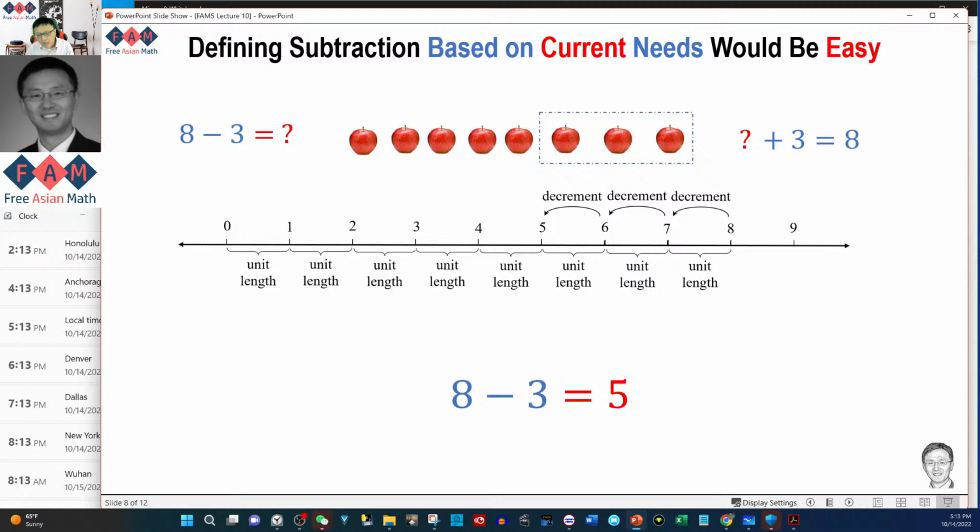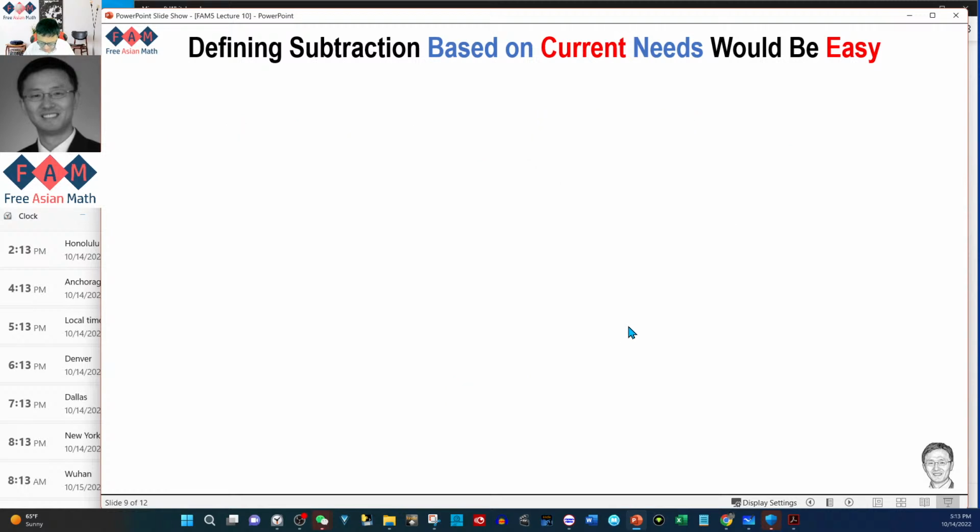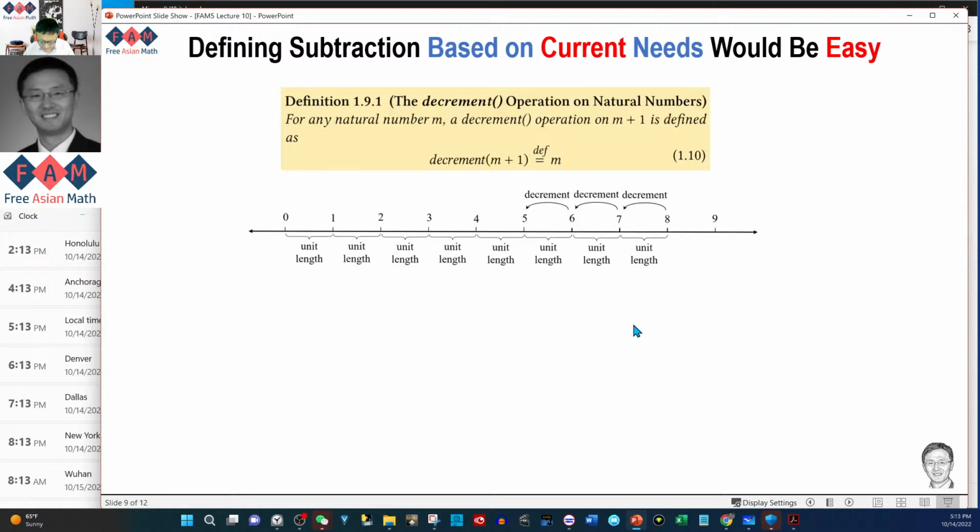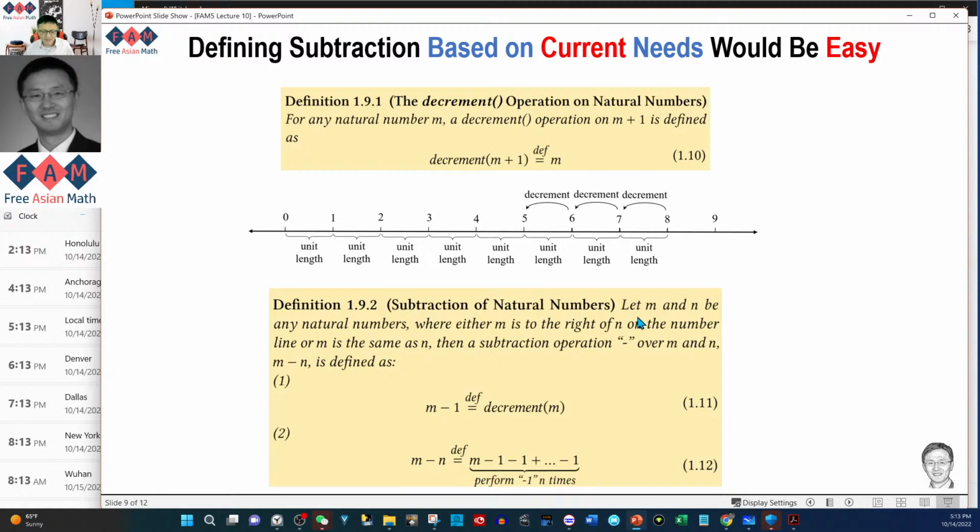The number being subtracted must be no greater than the number being subtracted from. Okay? What that really means in very advanced language is that the natural numbers are not closed under subtraction. What that truly means is that we are faced with this constraint. The first number needs to be at least as large as the second number.